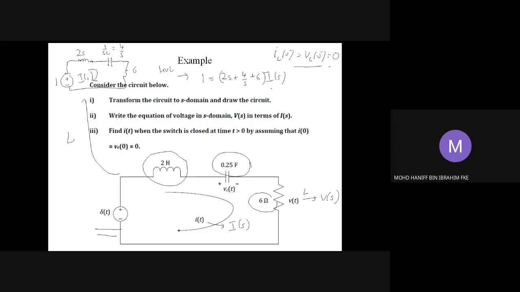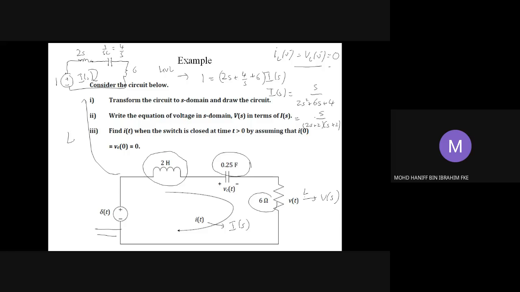From here, I(s) shall be equal to s divided by 2s squared plus 6s plus 4. We can write it as a partial fraction, which is s divided by 2(s plus 1) and (s plus 2).